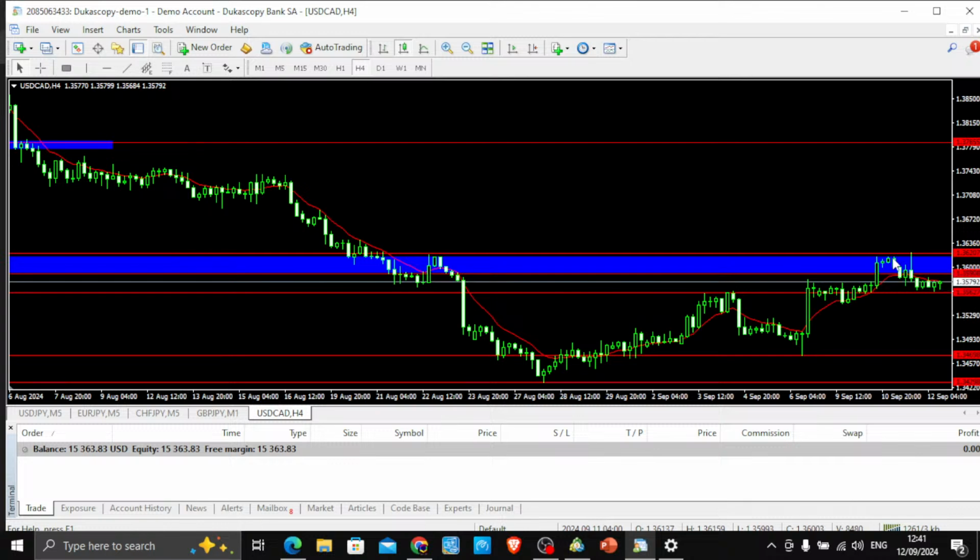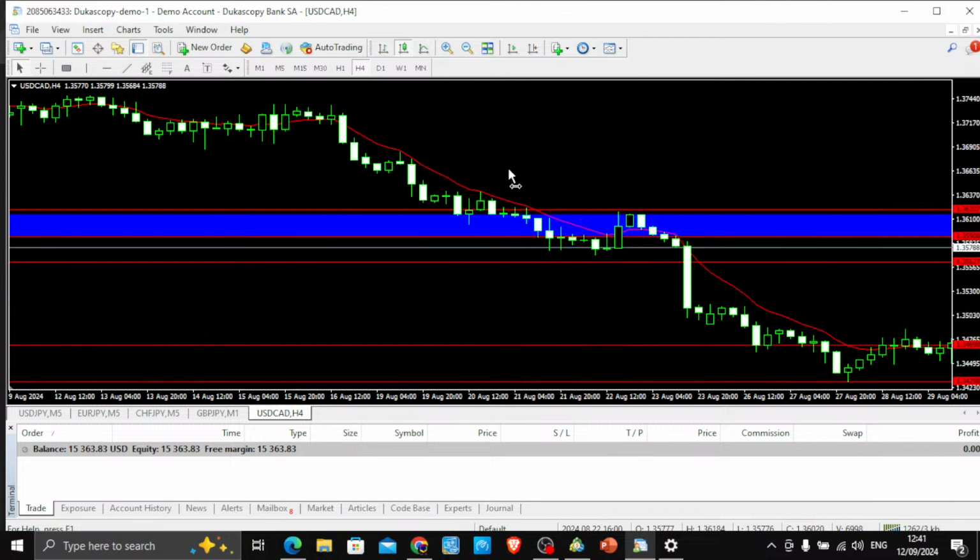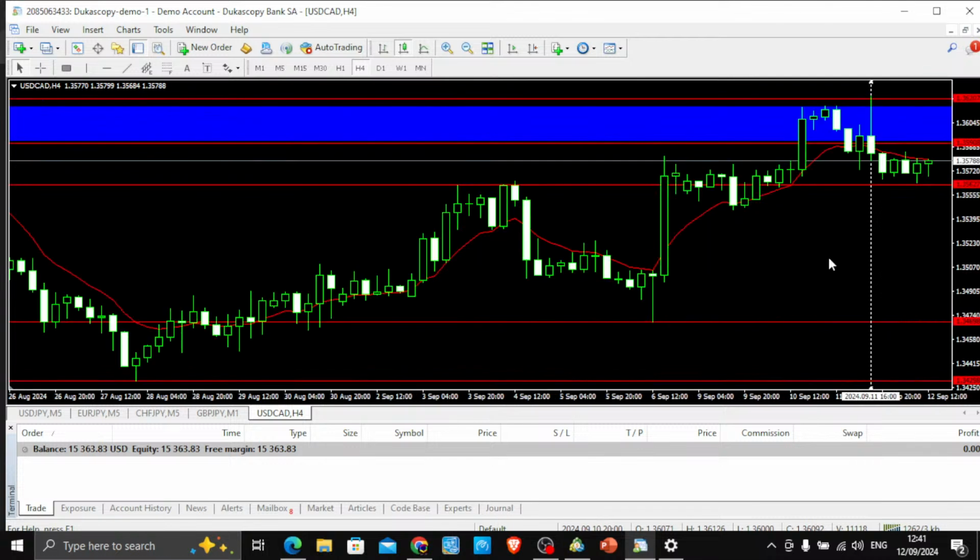But instead of moving on, we now have a bearish candle hammer pattern. This candle.